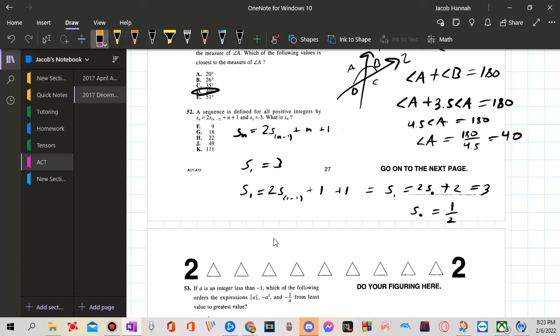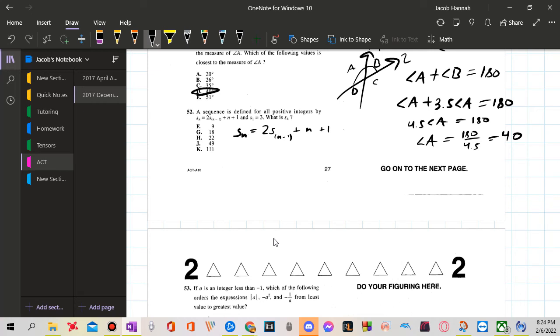So this is a repeating recursion relationship. So since we know S of 1 now, oh well, this was kind of useless. So if we know S of 1 equals 3, then we can find S of 2. This is going to become S of 1, and we know what that is, so that's 2 times 3 plus 2 plus 1.